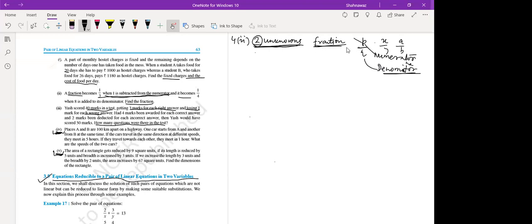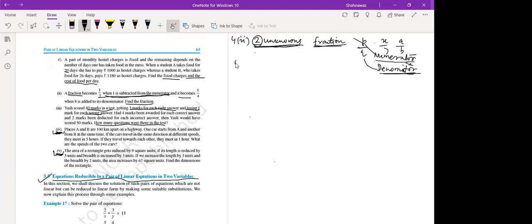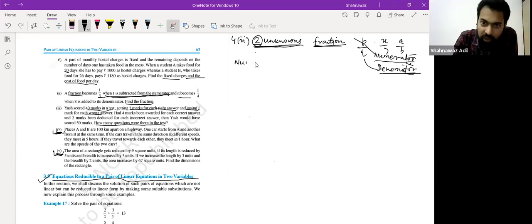So a fraction has two parts, numerator and denominator, right? And so that is how you will have two unknowns. And what would that be? Numerator, denominator. So numerator is x and denominator is y, right?